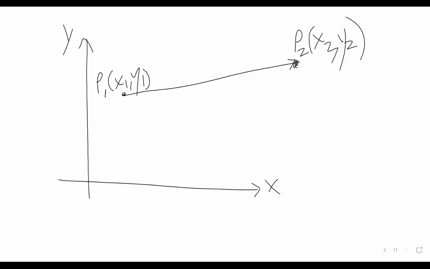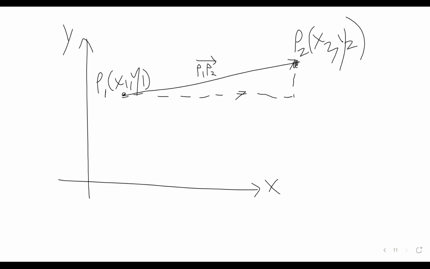So this vector is P1P2. It starts at point P1, ends at point P2 in that direction because of the arrow. And so if you want to think about its components, we draw one line in parallel with the x-axis and one in parallel with the y-axis.